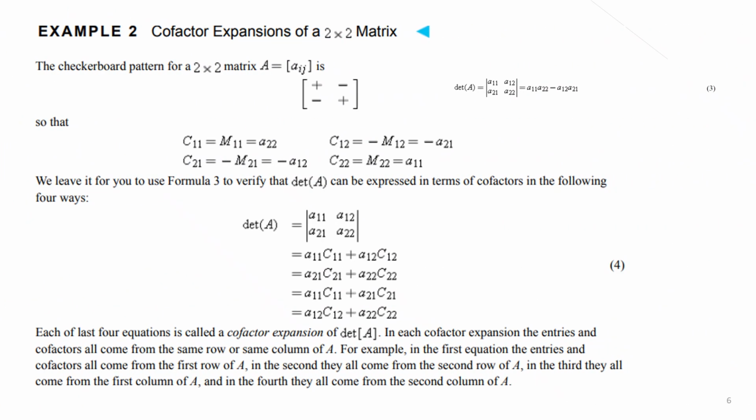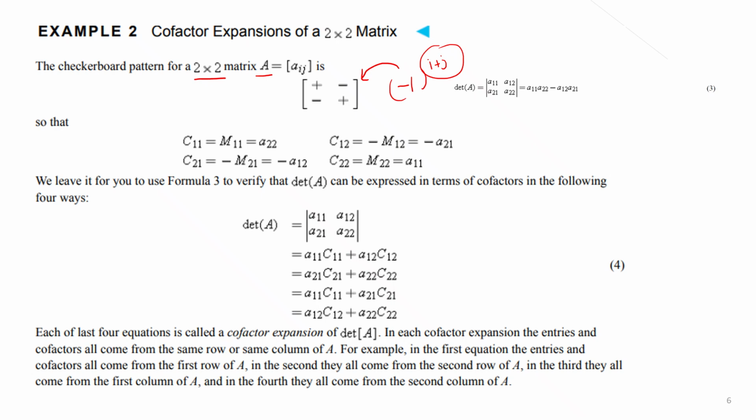Now we use our understanding about minors as well as cofactors to check the formula of calculating determinants for a 2 by 2 matrix A. First of all, to make it easier to calculate the formula of minus 1 to the power of i plus j that we have for calculating the cofactors, we use this checkerboard.